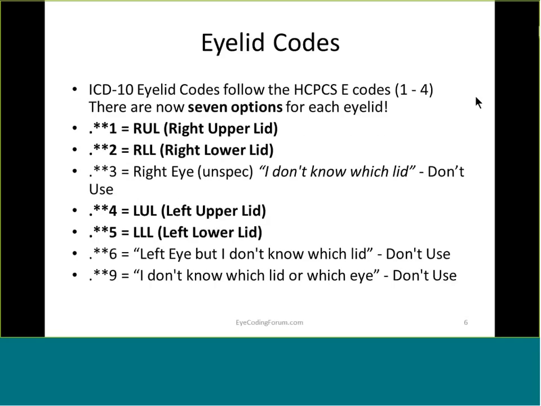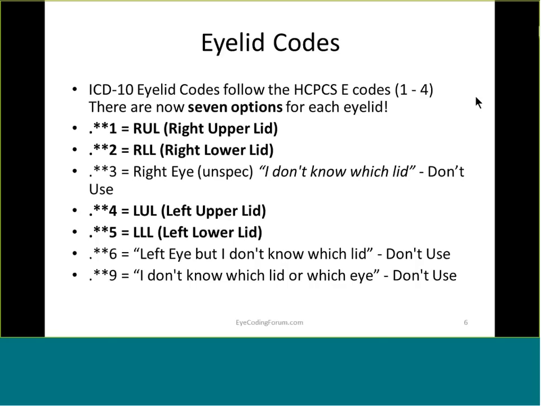Another new convention in ICD-10 are eyelid codes. Now, this is an important concept because I've seen a lot of questions concerning a confusion between CPT concepts and ICD-10 concepts. These are not modifiers. In CPT, we've been using the RT and LT modifier for some time.